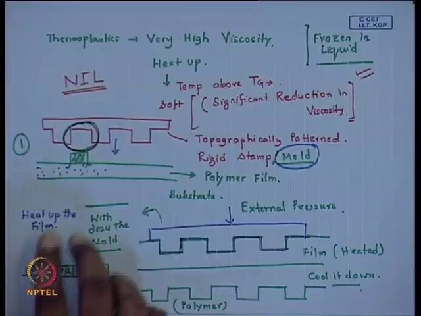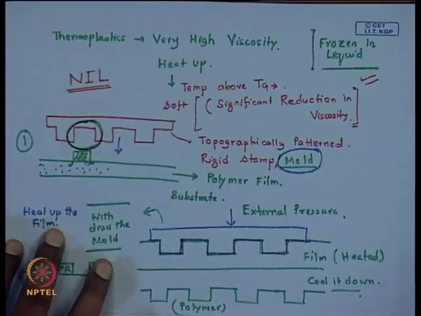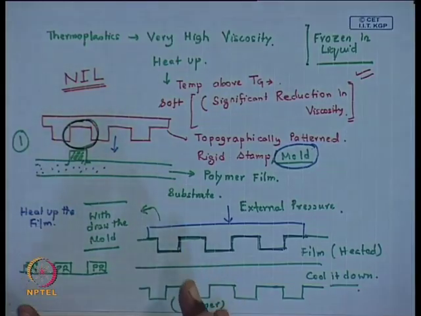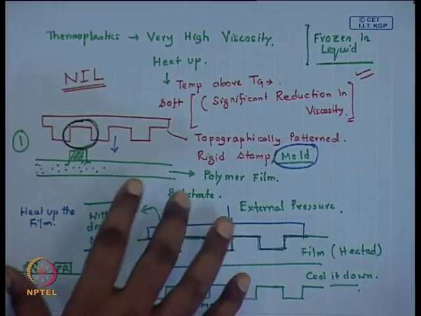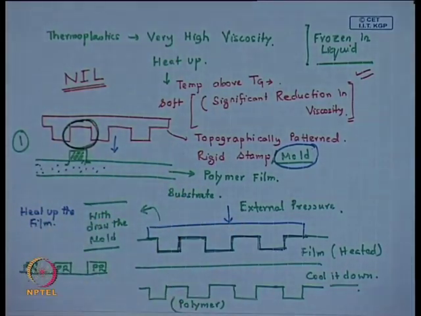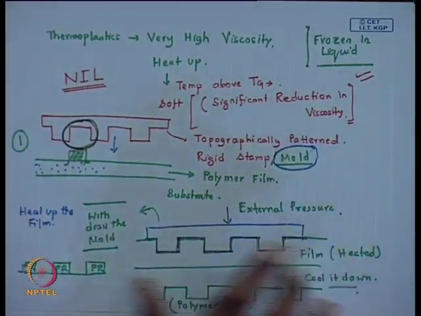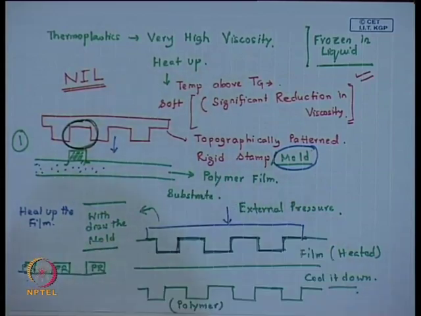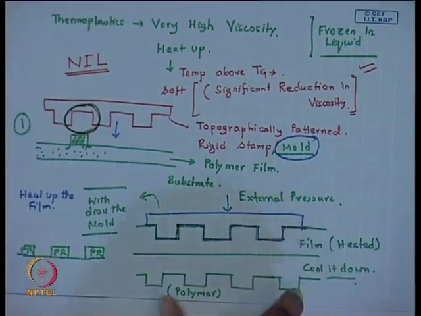Because if you look carefully, the very concept of imprinting, where you take a patterned substrate, you take a film, you bring it under the stamp, you heat it up, you then press the stamp, cool it down, and then withdraw the stamp or the mold, and you withdraw the film also, is conceptually a batch process.